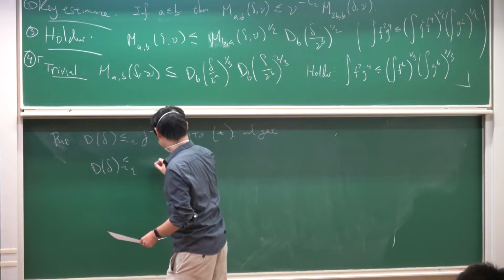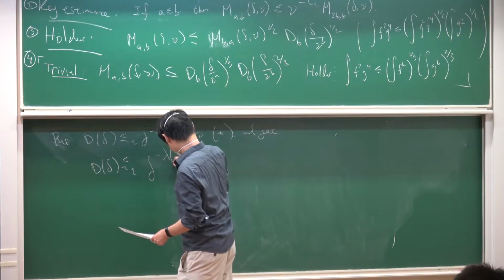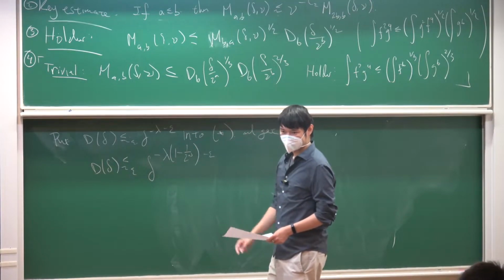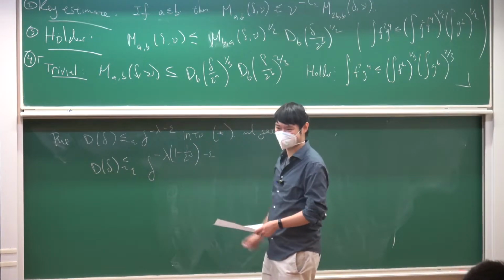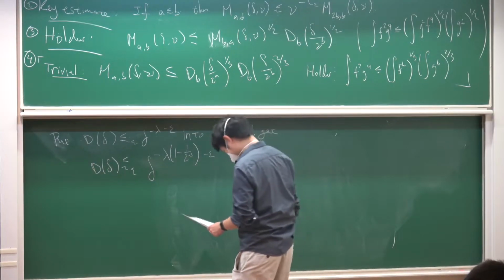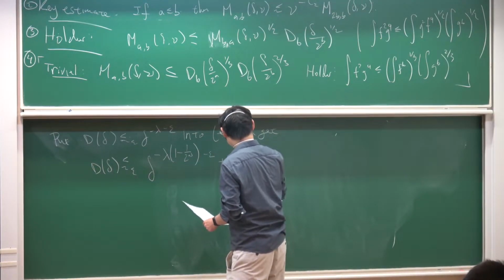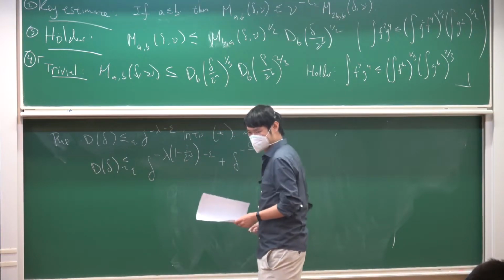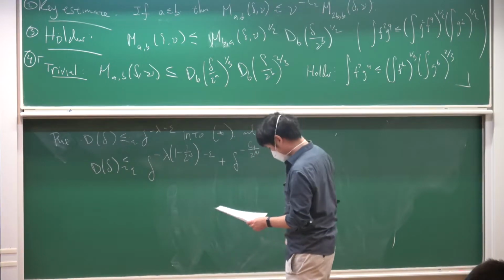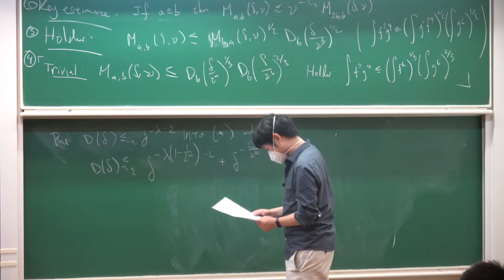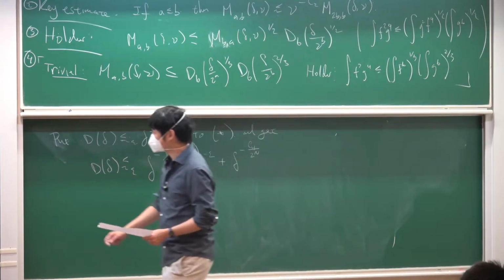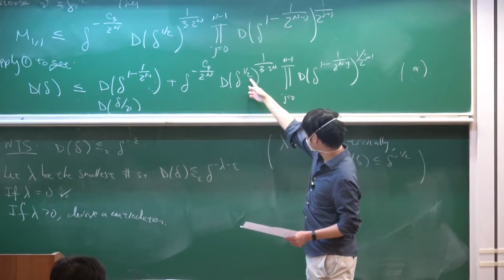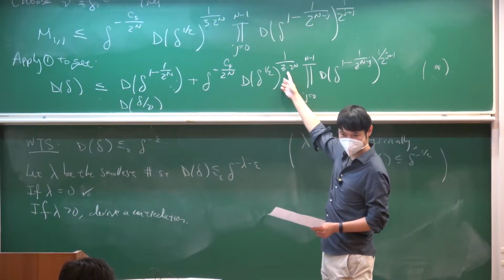The first term gives delta to the minus lambda times 1 over 2 to the n, minus epsilon. That's smaller already. But what about the second term? Plus delta to the minus c4, where c4 is like 100 over 2 to the n, times, plugging in, delta to the minus lambda over 2 times 3 over 2 to the n.